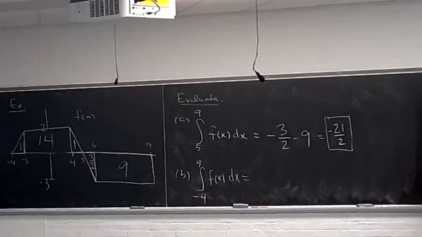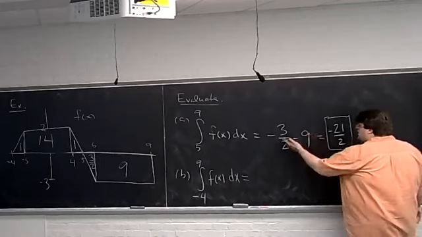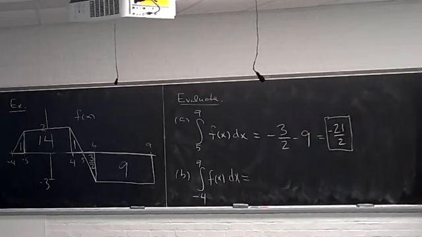And again, if you wanted to write the areas in the diagram as negatives when they're below the x-axis, that's certainly okay with me, as long as you interpret them correctly over here. Any questions about part A?